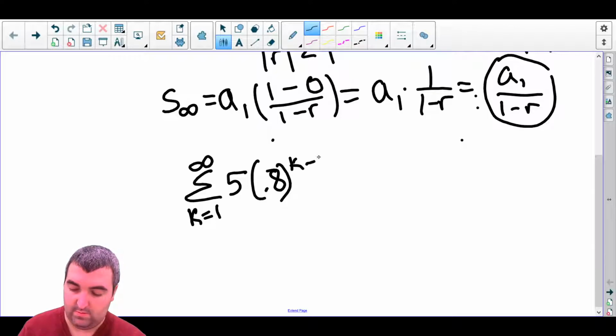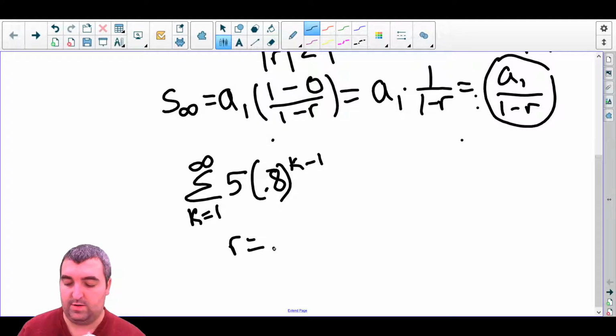With these types of problems, you always want to figure out what r is first. So r here will be 0.8. 0.8 is definitely less than 1, so that means the sum exists, so we can use our formula.